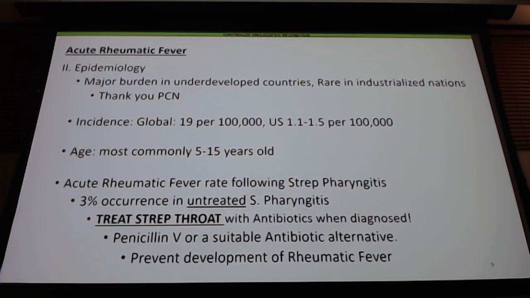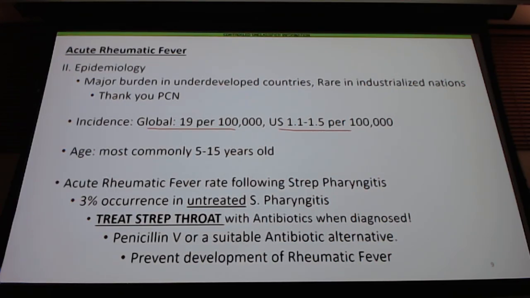But it tends to be globally a huge burden on our healthcare system because when you live in a country that doesn't have access to healthcare, doesn't have access to good antibiotics to treat group A strep, then that population is going to be at much higher risk of developing this condition. You can see globally the incidence is 19 for every 100,000, but in the US, and I would say that this value is pretty similar to other industrialized nations, you can see it's much, much less.